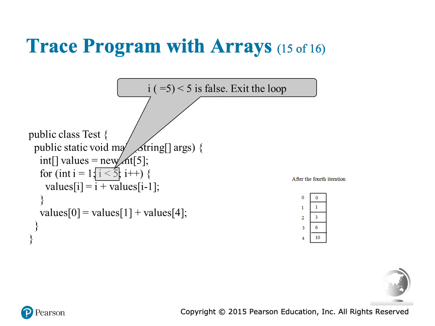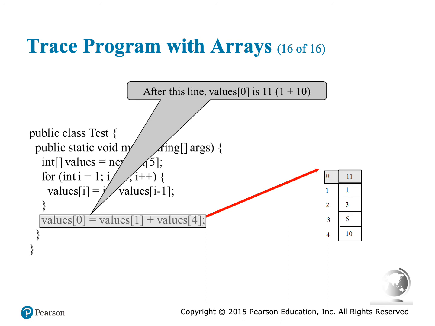The loop continuation condition now evaluates to false, and the loop is terminated. The statement immediately following the loop is executed and values sub 0 is assigned the value 11.